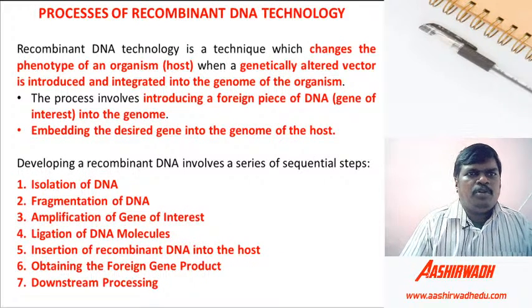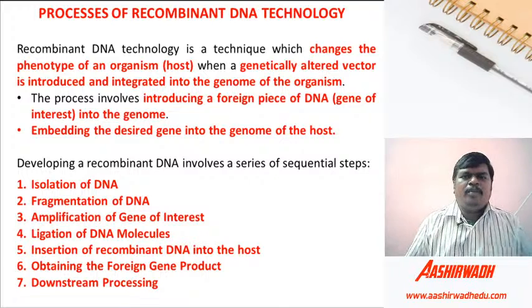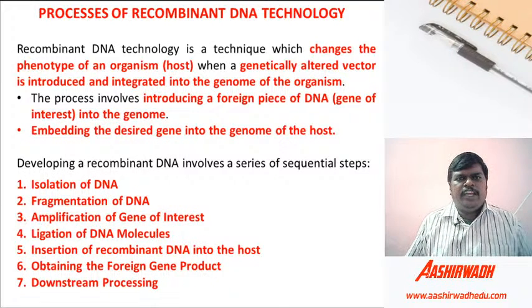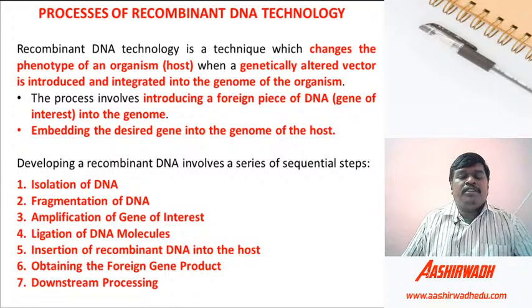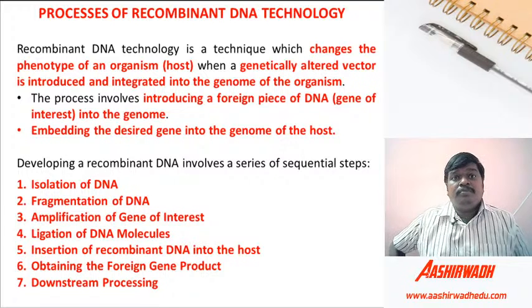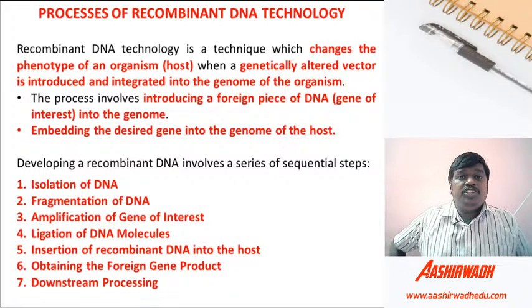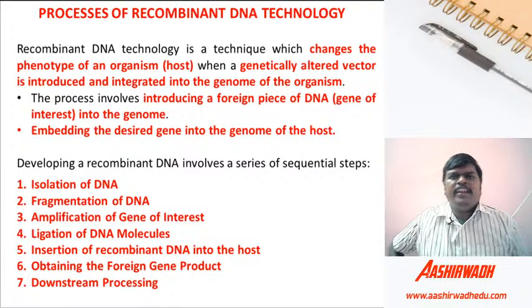First, let me explain what the processes of recombinant DNA technology are. We know what recombinant DNA technology is. It is a manipulation of DNA, taking the DNA or gene of interest from one organism and transferring that to the genome of another organism. That's what recombinant DNA technology, also known as the genetic engineering process, is.